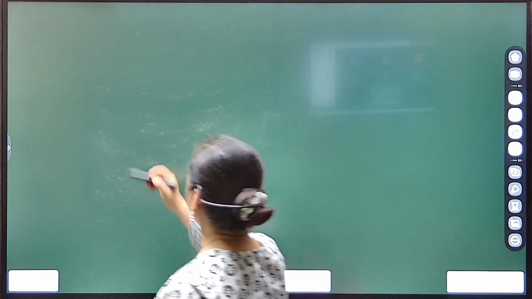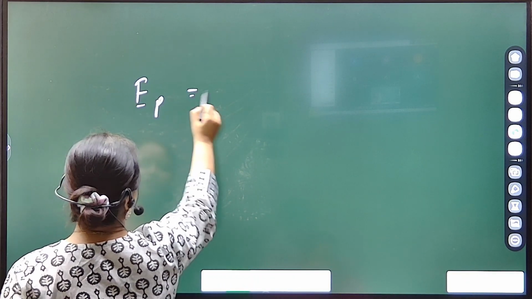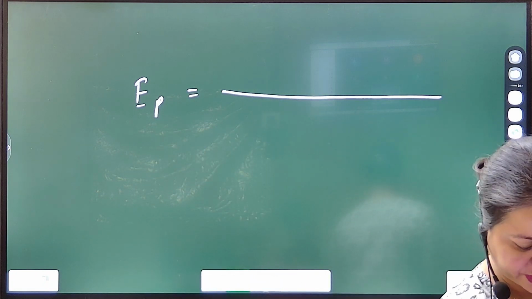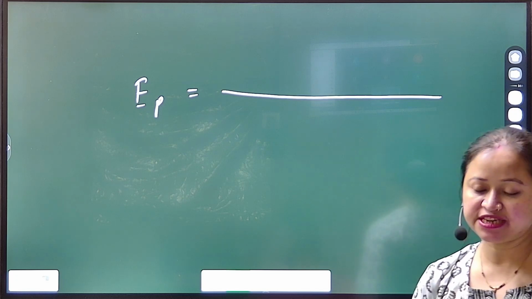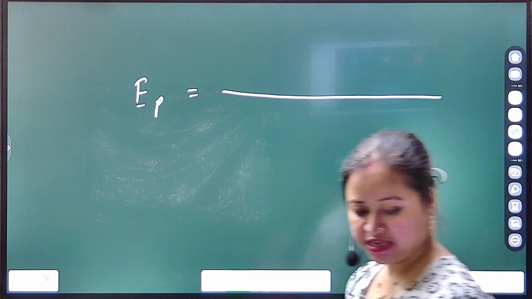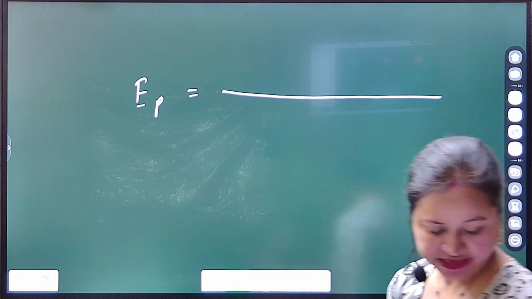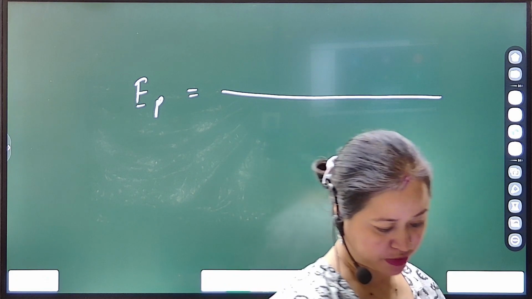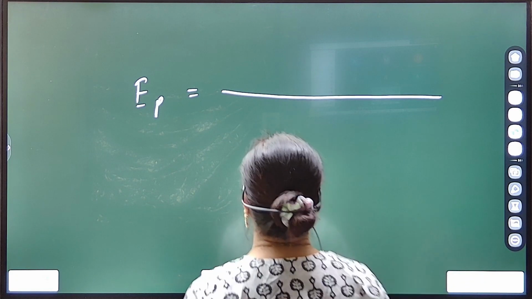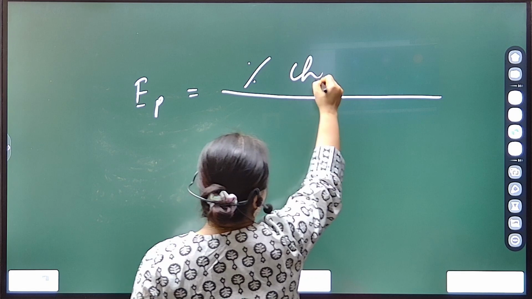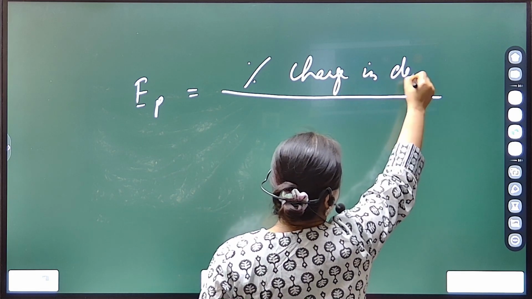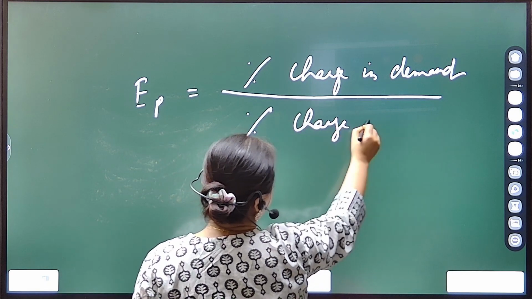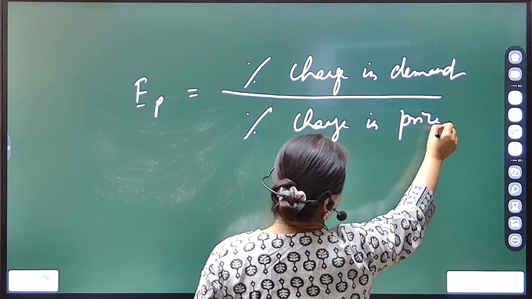Now we'll see the formula, how to calculate EP. So you write down the formula here. Elasticity of price, how do we calculate? Proportionate change in demand divided by proportionate change in price, or we can say percentage change in demand by percentage change in price.